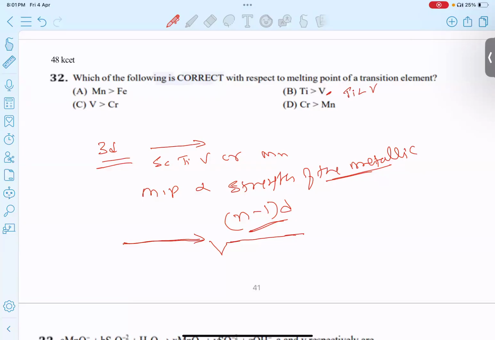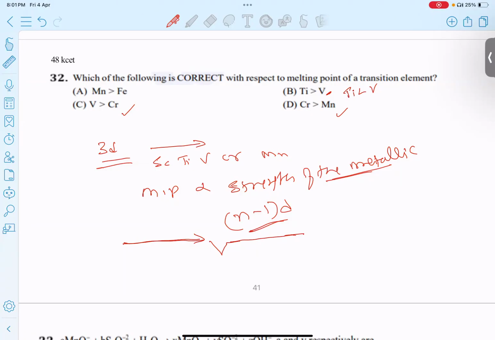Vanadium melting point is greater than chromium, and chromium melting point is greater than manganese. Which of the following is correct with respect to the melting point of transition elements is given here.